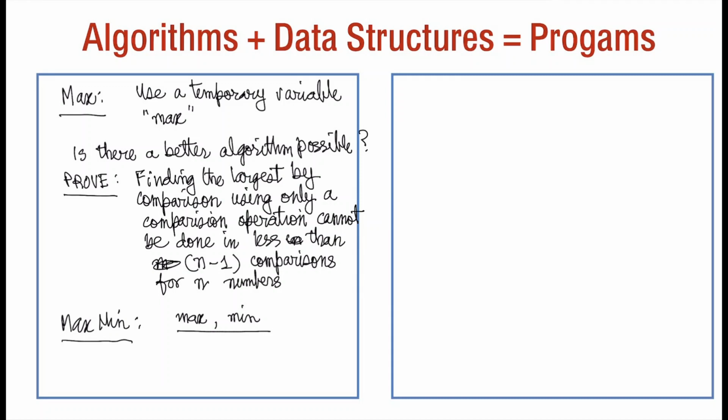And if you choose two elements at a time in a for loop, you will be able to solve the rest of it in n minus 1 by 2 iterations of that loop. And you can easily show that in every iteration you are going to do two comparisons. So you will require 3n by 2 minus 2 steps. So a simple for loop will be able to solve this problem.